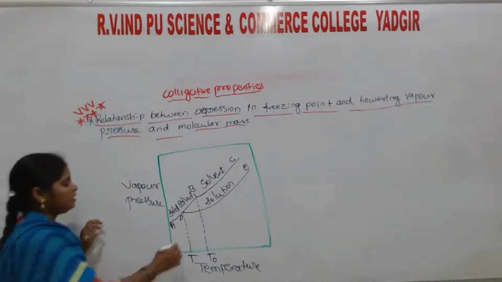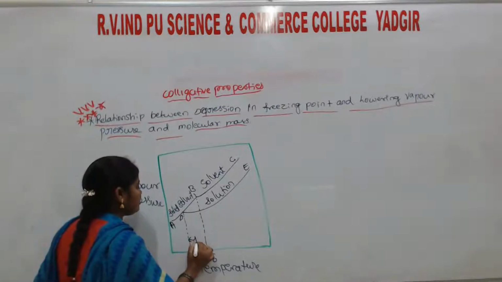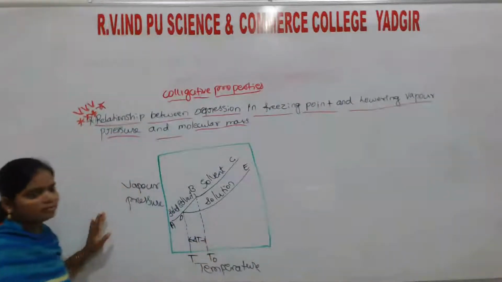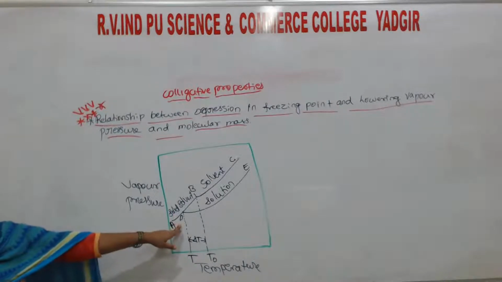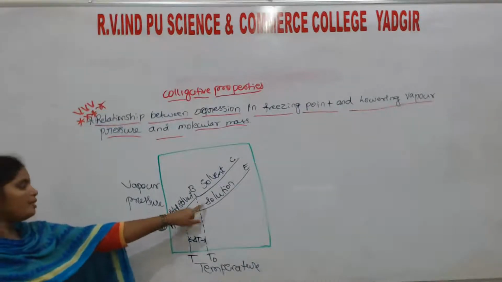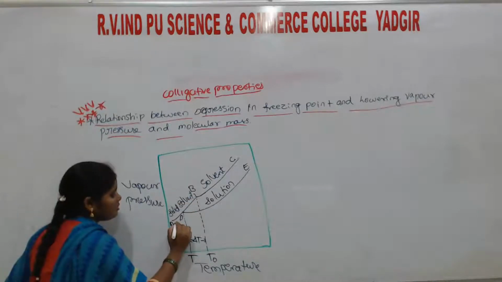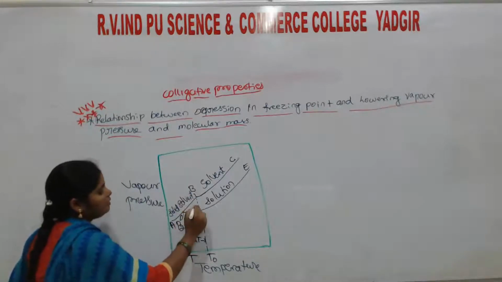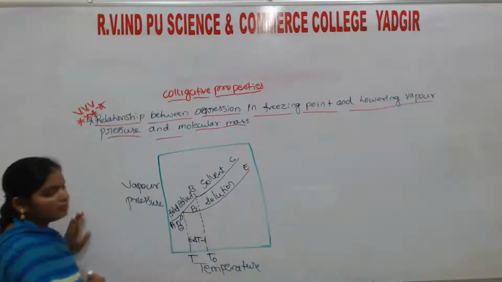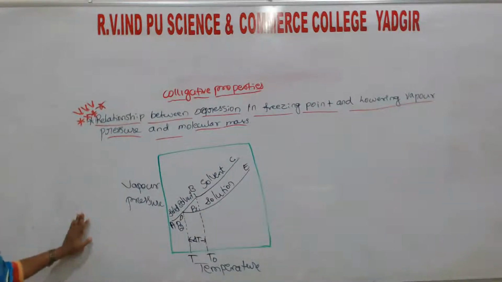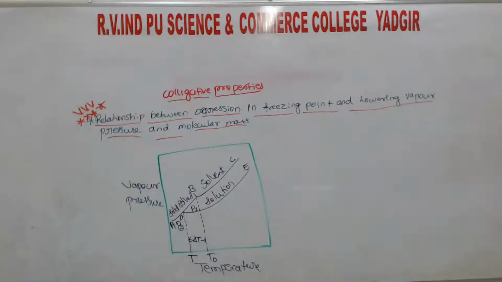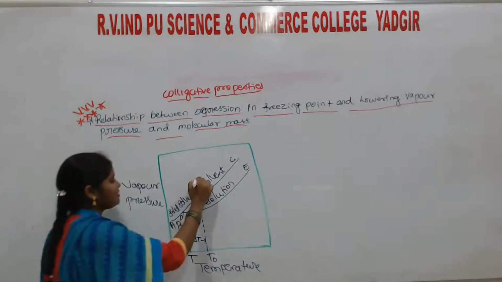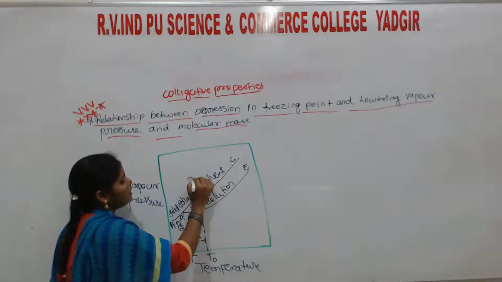I know already this difference is delta T, and this is P2 and this is P1. This curve is P2, and here this is P1, and another is P0.